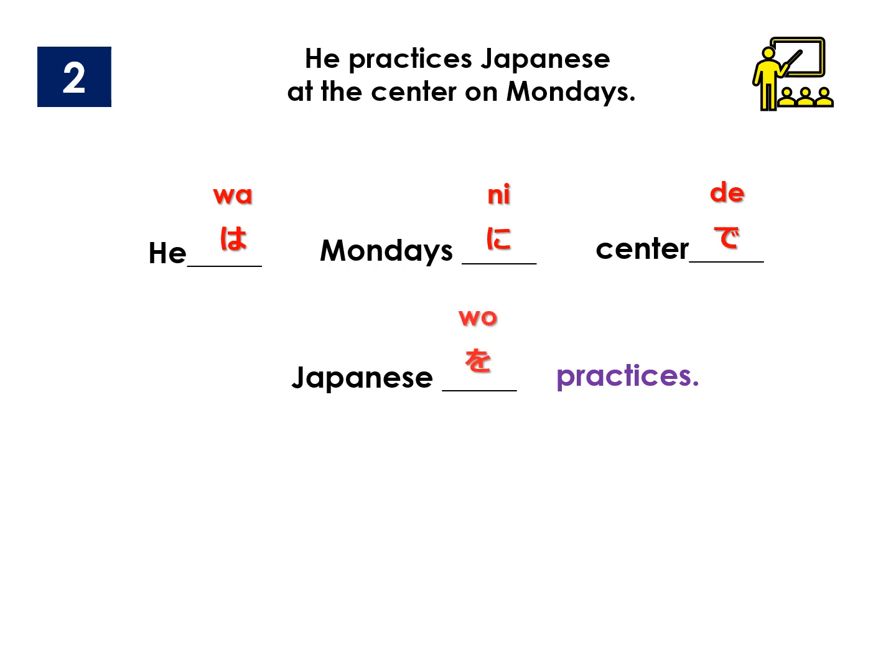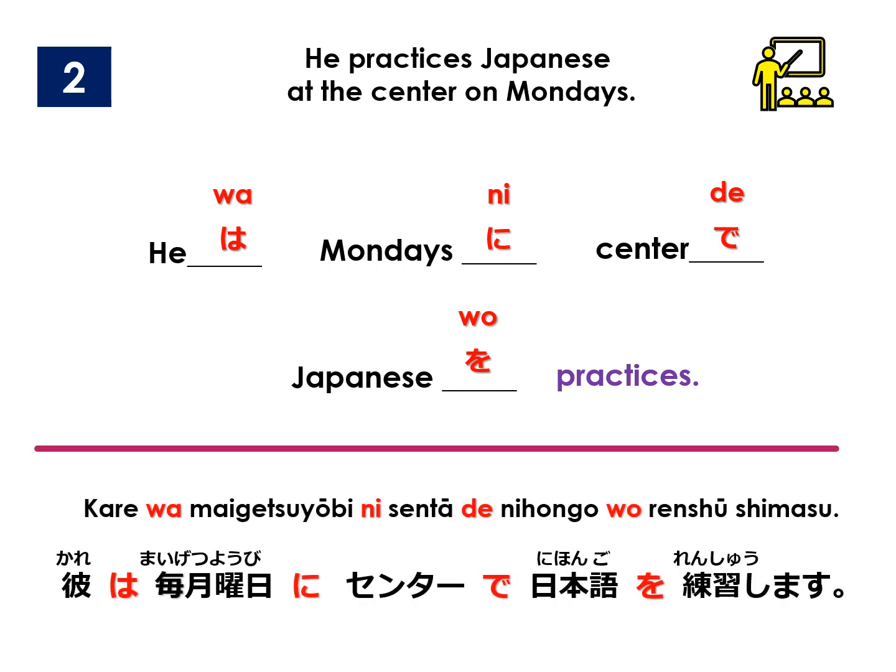And Japanese is the direct object, practices what? Japanese. So it takes the direct object particle wo. In Japanese, 彼は毎月曜日にセンターで日本語を練習します。He practices Japanese at the center on Mondays.